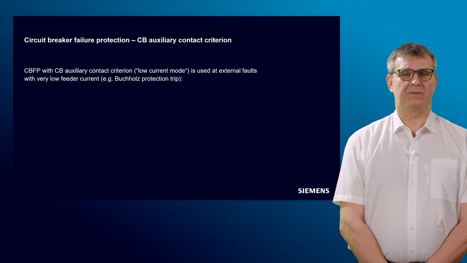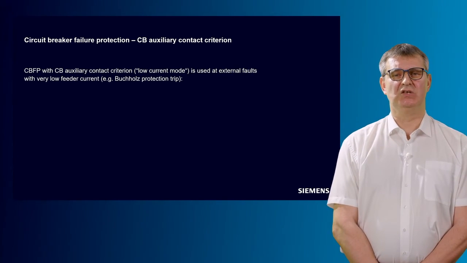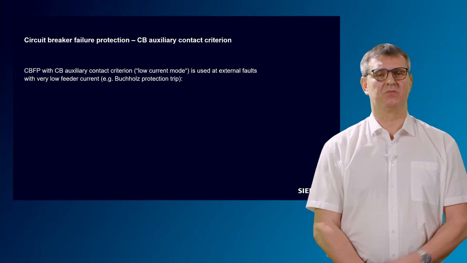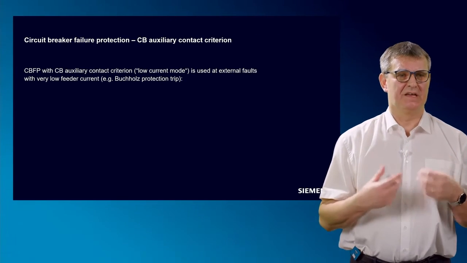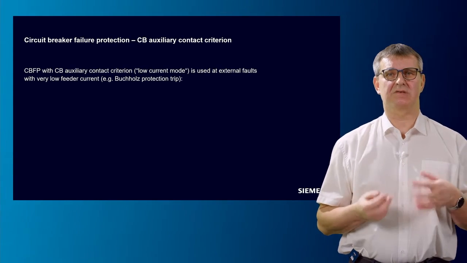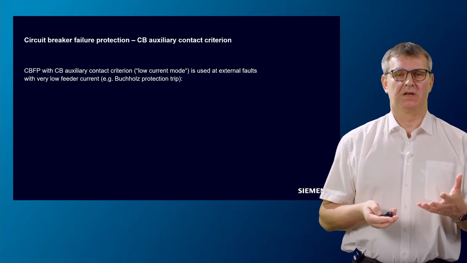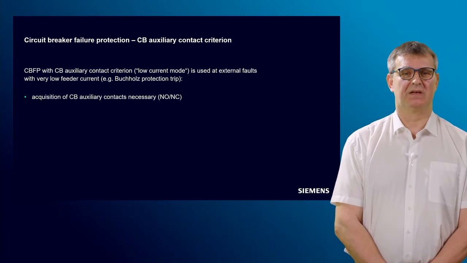The circuit breaker failure protection with auxiliary contact criteria should be used in case of an external fault with a very low feeder current, where the current is not a really trustable, reliable criterion whether the circuit breaker is open or not, especially after a Buchholz protection trip.